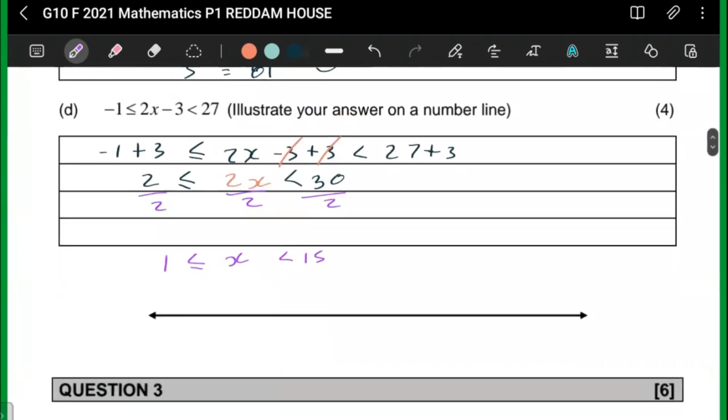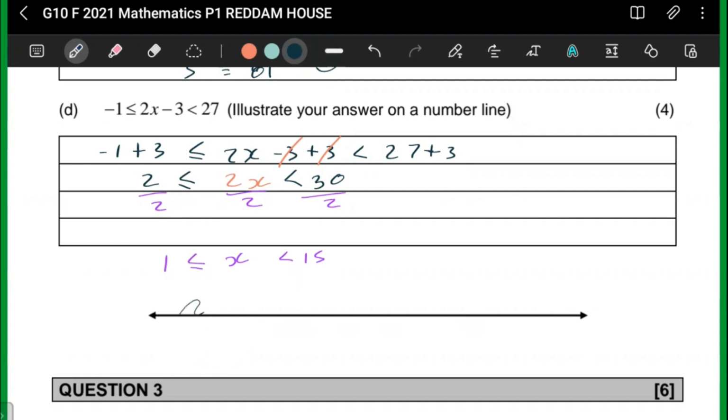So we might as well draw our number line here. The idea behind drawing our number line is that all this is telling us is that our set of answers for x are numbers that are bigger or equal to 1, but those numbers are smaller than 15. So in a situation like that, let's just draw a number line.